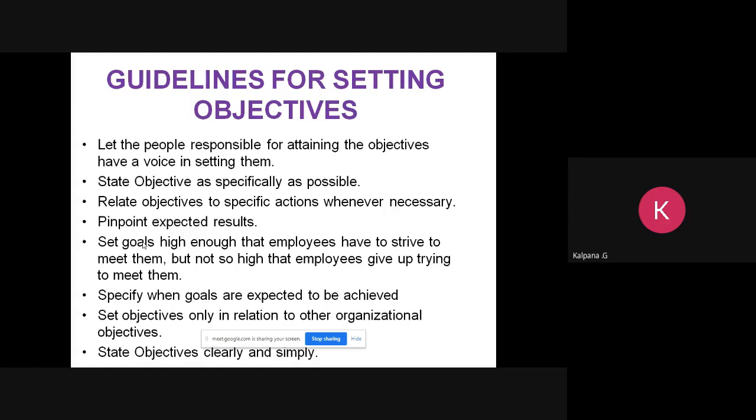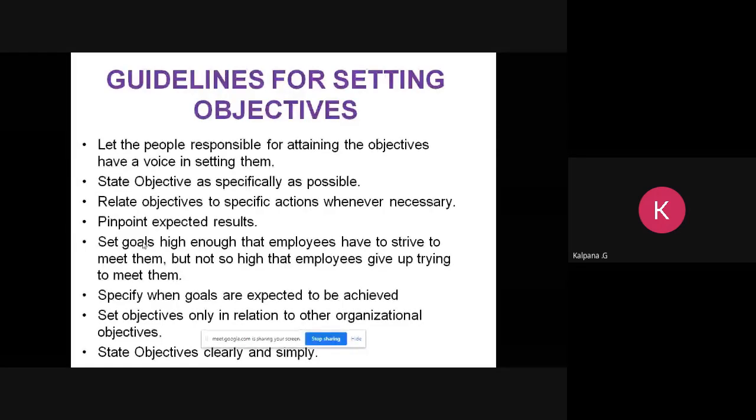Then set goals high enough that employees have to strive to meet them, but not so high that employees give up trying to meet them. It should be feasible for them to achieve the goals. We can have a complicated goal also, but make sure that the employees are rigorously trained in that field, so they should not give up trying.